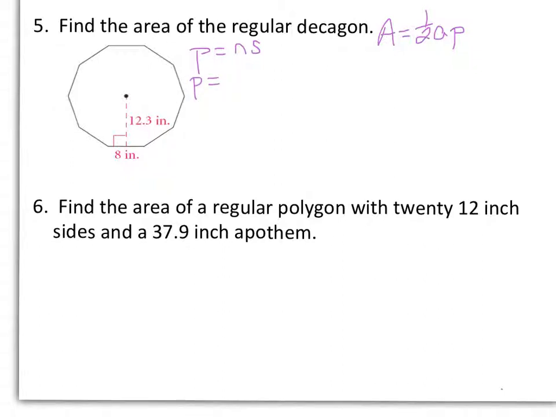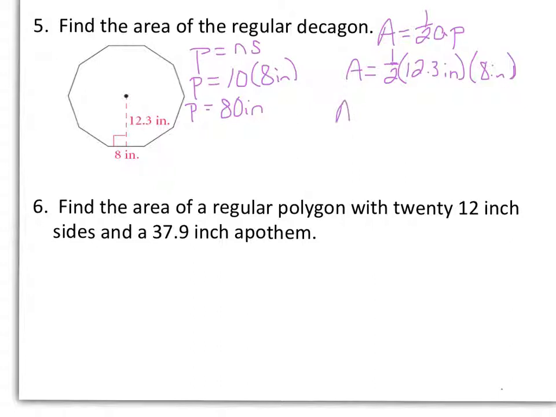So we have a decagon which has 10 sides. Each side is 8 inches. So our perimeter is 80 inches. And then to find the area, we will take 1/2 times 12.3 inches times 80 inches.